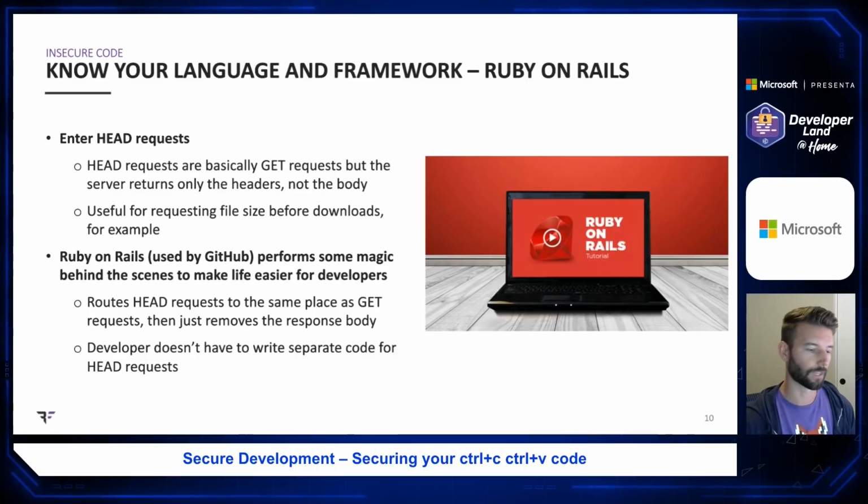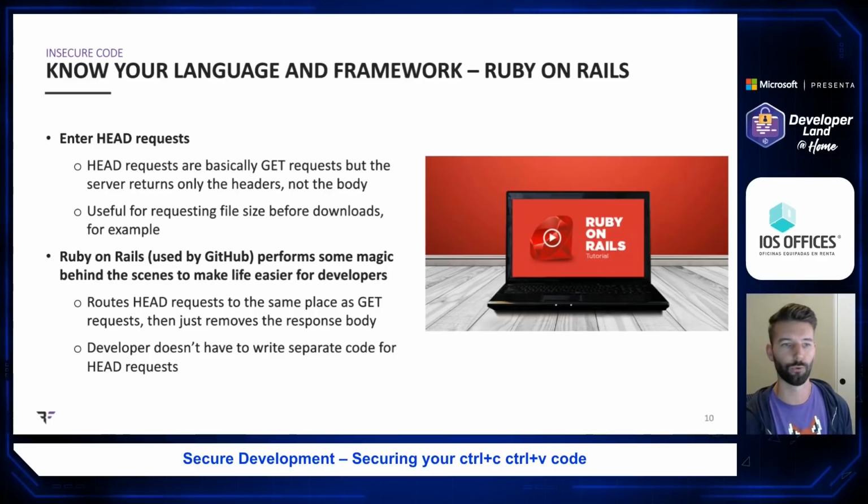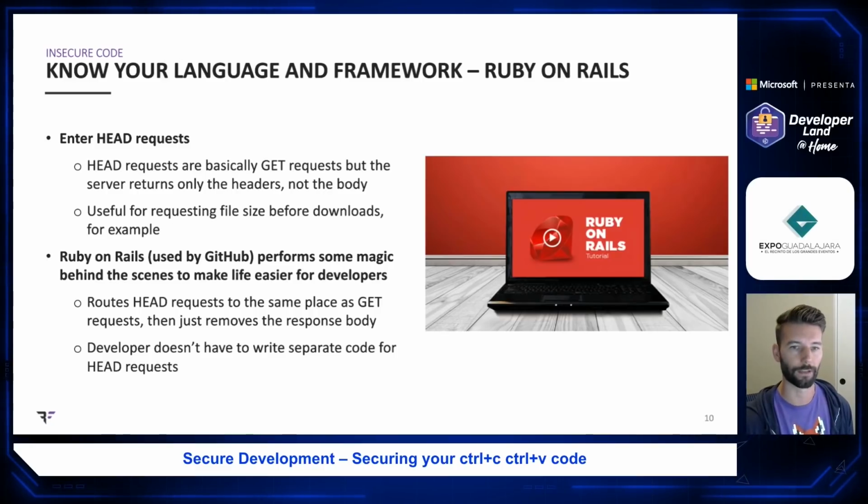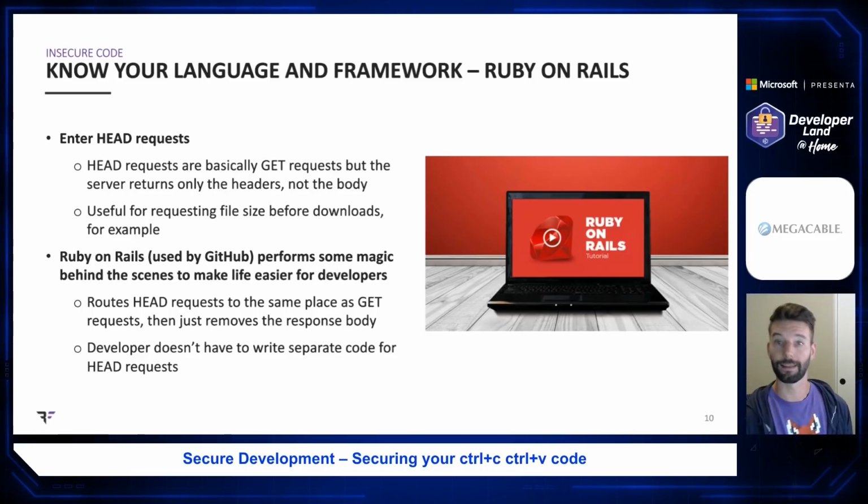To make it so that developers don't have to write code for HEAD requests, Rails just treats HEAD requests like GET requests. It does the exact same thing, but at the very end, Rails takes away the response body and only returns the headers to the user.